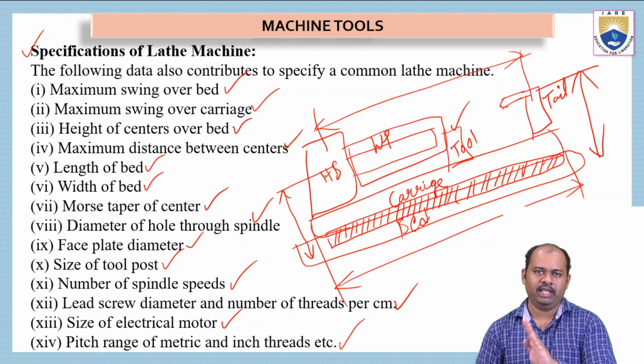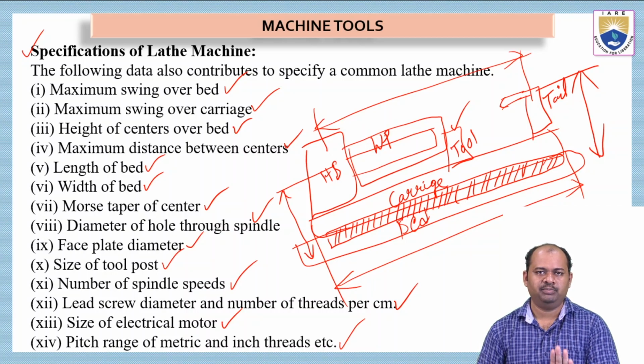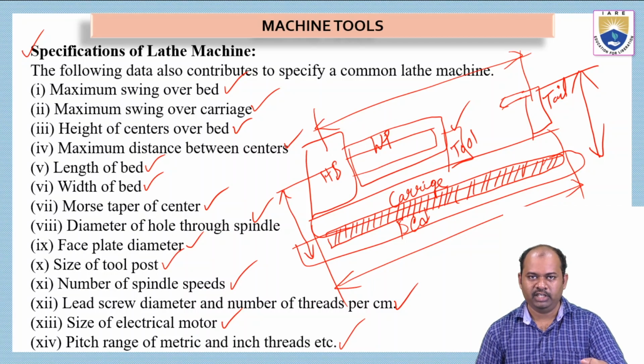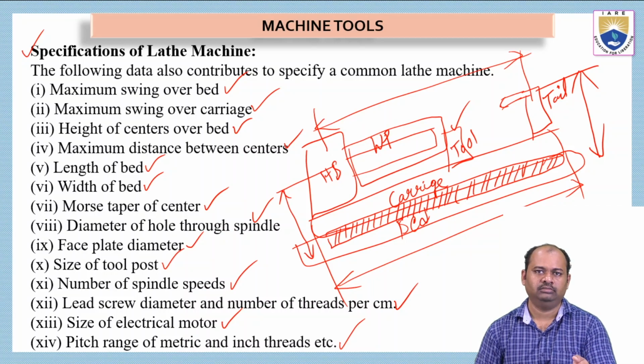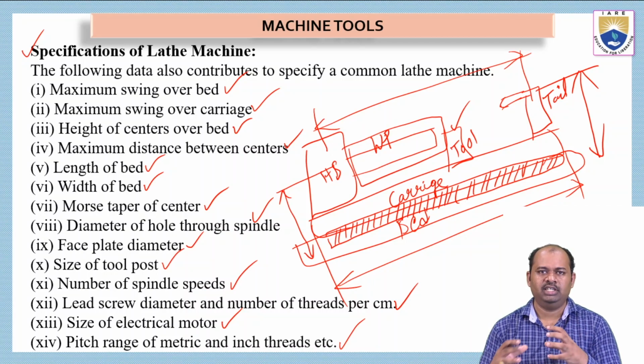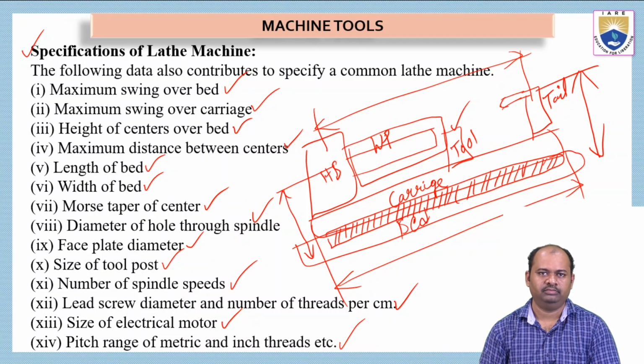So all the lathe machines are specified by some or mostly all of these specifications, depending on their nature. For a particular workpiece, say I have a workpiece which is 10 mm in diameter.